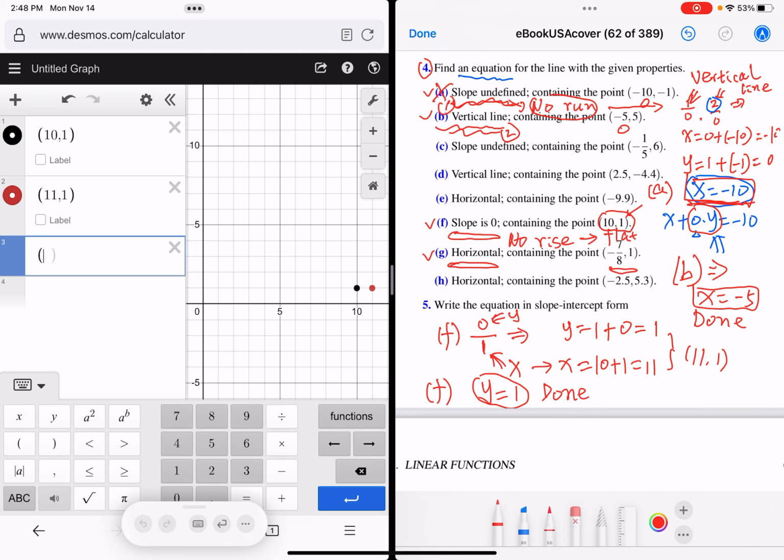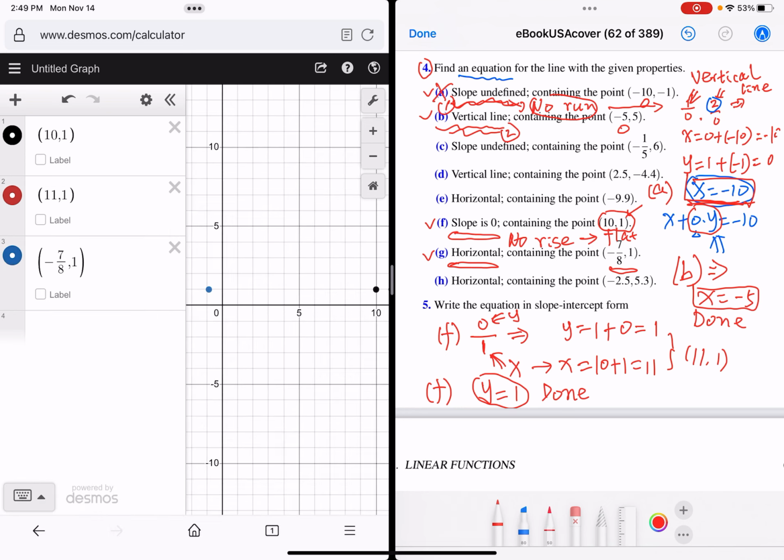If we input -7 divided by 8, comma 1. Horizontal, then y is a constant.